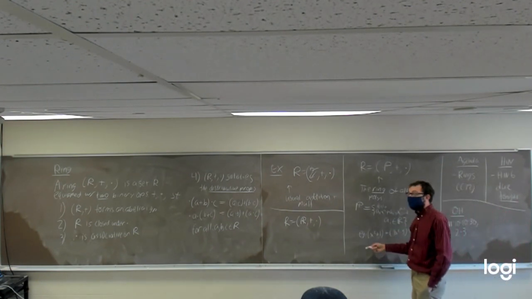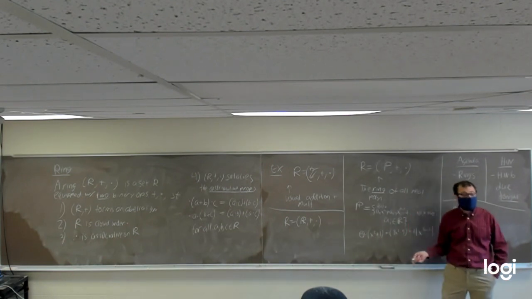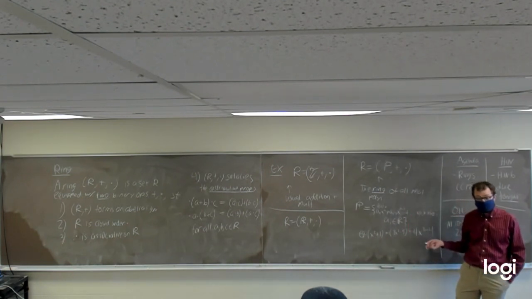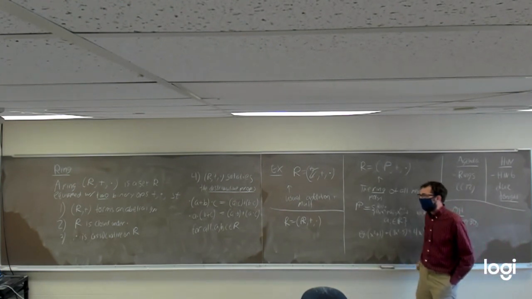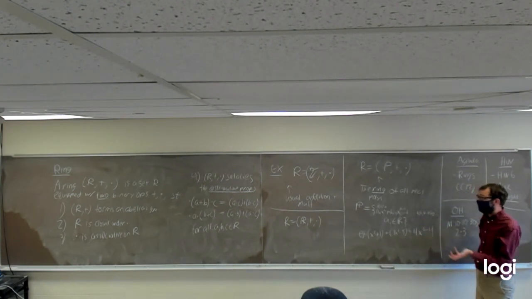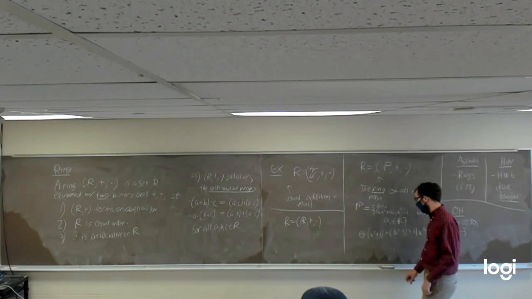And you can also multiply. So this is something you saw way back on the first homework of the semester as an example of a group under addition. Turns out, it's also going to satisfy the ring properties necessary for multiplication as well.